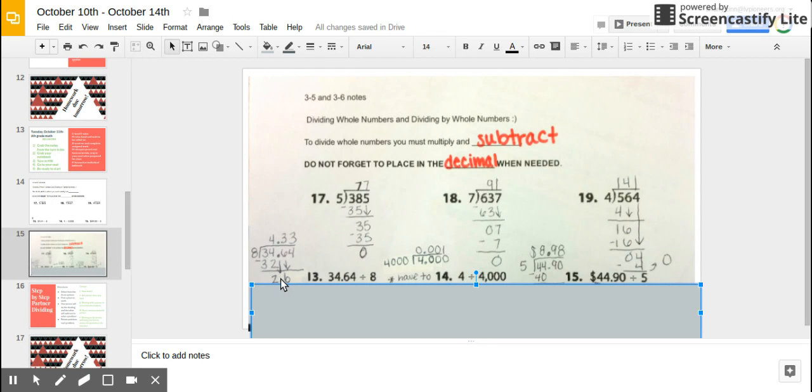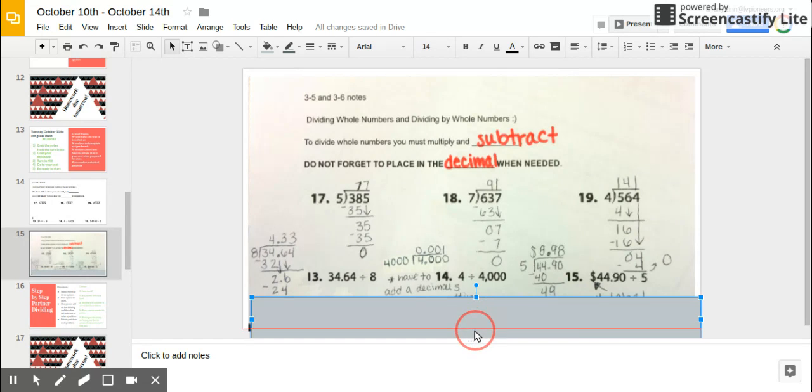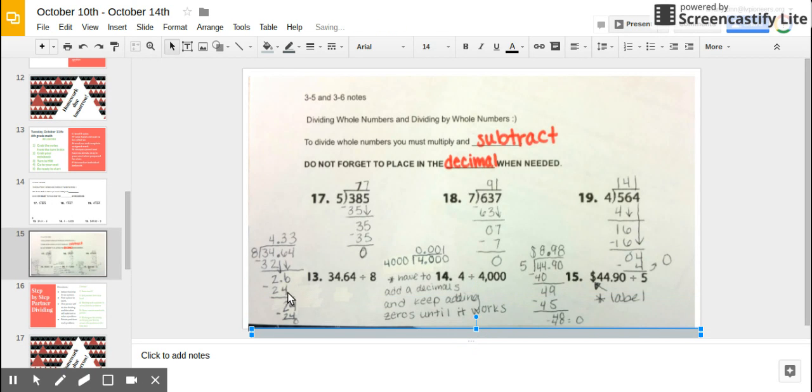So think of it as 26 though. 8 goes into 26 3 times, and that's not exactly 26, it'll be 24. So you have to subtract. It's the same process. You just have to remember to put the decimal in your answer. 26 minus 24 is 2. Drop down your very last number. 8 goes into 24 evenly with 3.